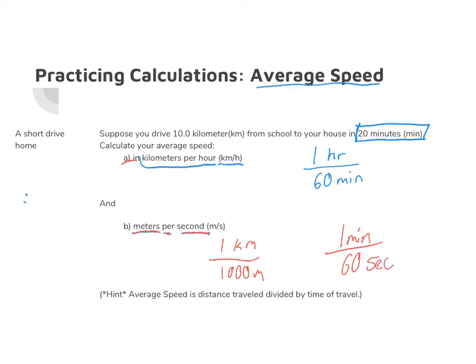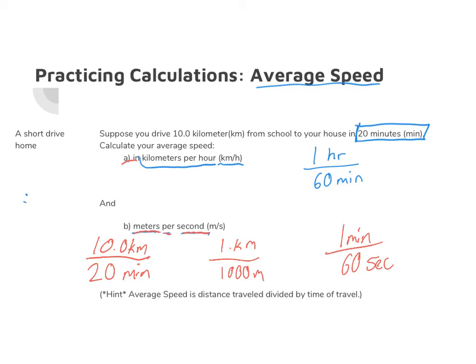One thing to be careful of is that, when you go ahead and solve this, we would put 10 kilometers over 20 minutes. Whenever you are trying to cancel a unit, you need to make sure that whatever unit you're canceling is in the opposite, whether it's the denominator or the numerator, opposite.